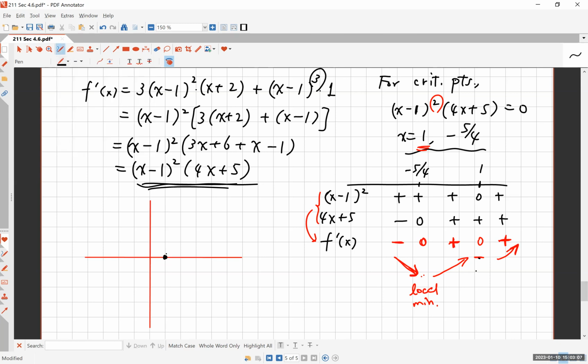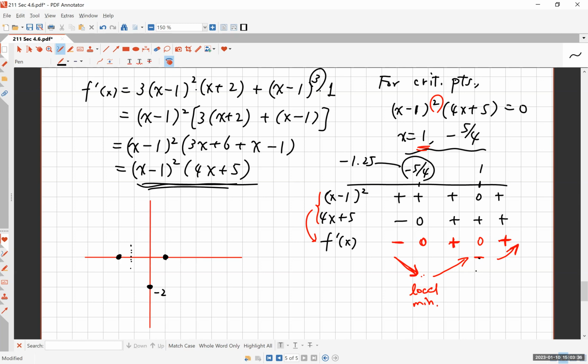We also found (0, negative 2) was on the graph, and then (negative 2, 0) was on the graph. So we have 2 x-intercepts, and this is the y-intercept, right? We also found out that negative 5 over 4, this number is like negative 1.25, is somewhere around here.